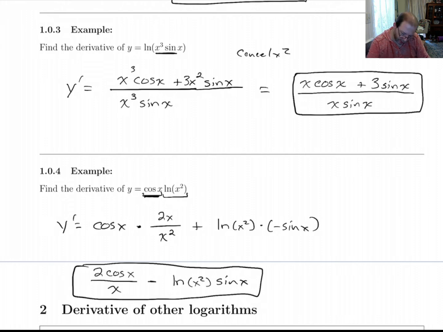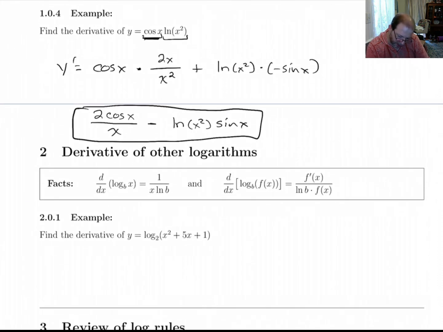Now, I do want to talk about derivatives of other logs. If you have a different logarithm that's not a natural log, this is the formula for it. The derivative of log base b of x is 1 over x natural log b. And if we incorporate the chain rule with it, we get f of x on the bottom, f prime of x on top, and ln of b also on the bottom there.